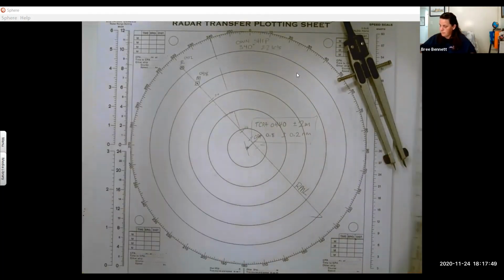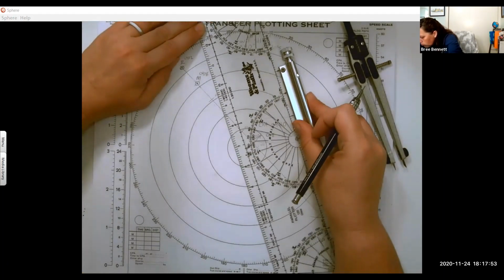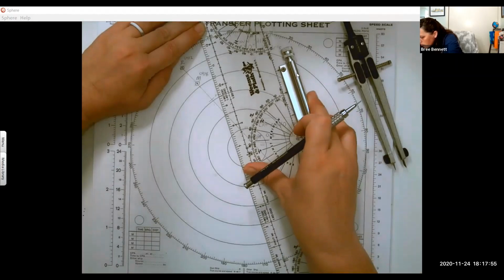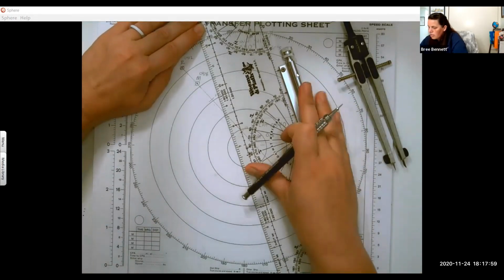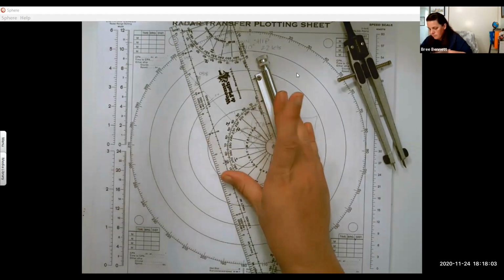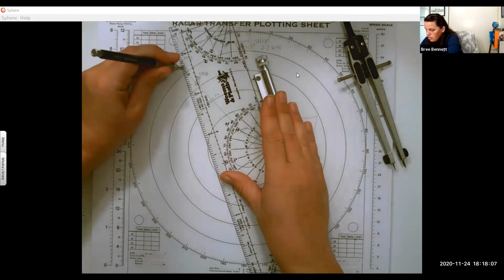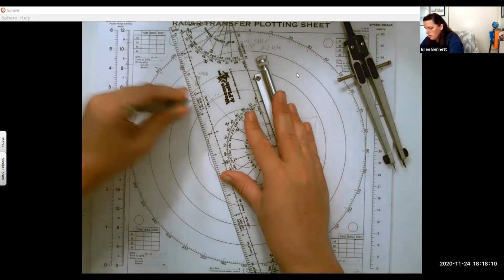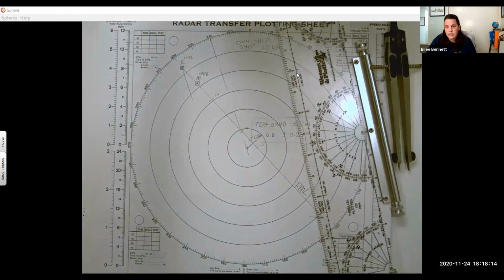So let's get 340. And then we're going to move that over to R. And draw in that vector line.